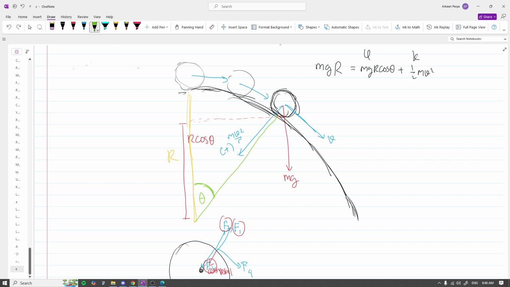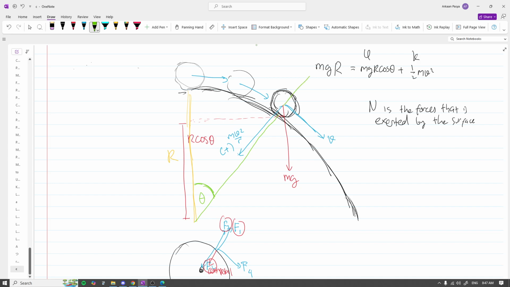And as I said before, the normal force N is the force exerted by the surface, so this will become important later.